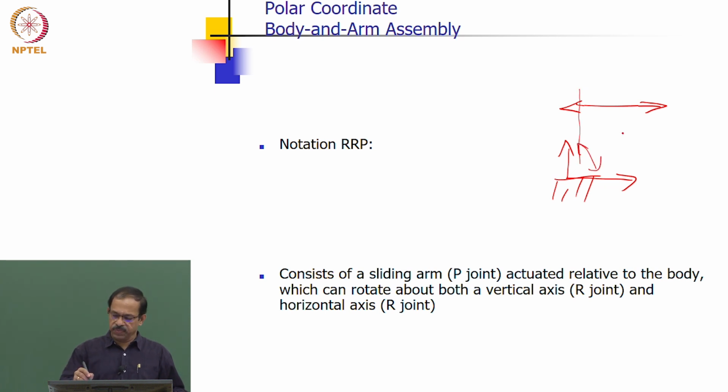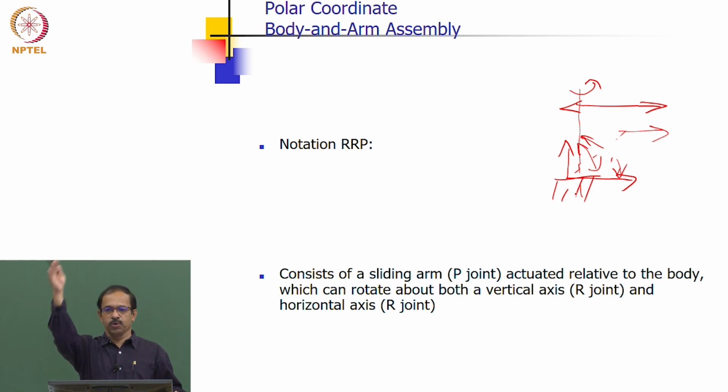It can go up and down in this direction, and then go like this also, so it is going like this and then in and out. So you can get R and theta, or R and phi, and then if you rotate this with respect to the vertical axis, you will be able to cover the 3-dimensional space.